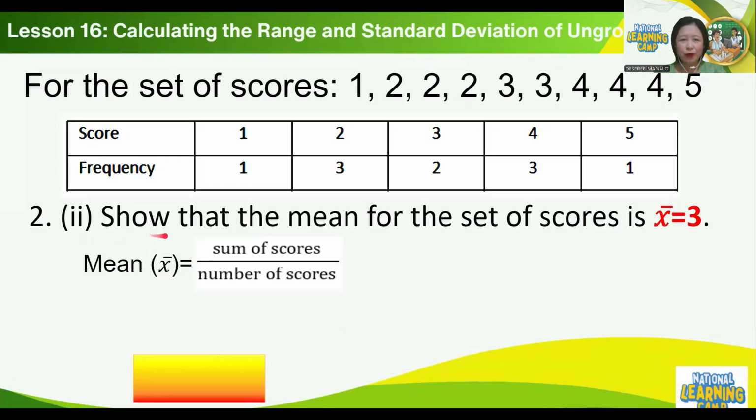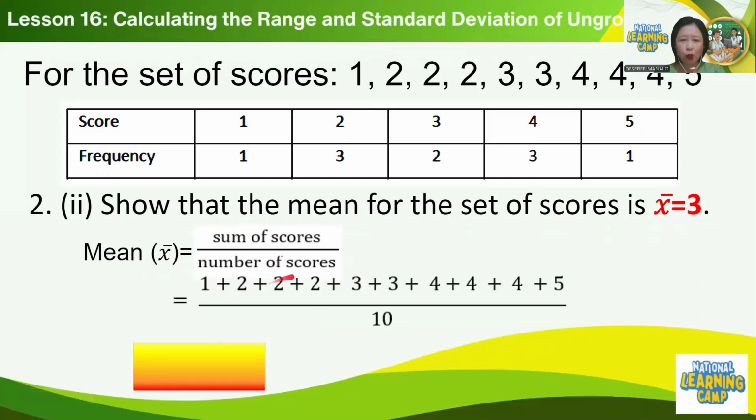And number 2, show that the mean for the set of scores is equal to 3. Our formula for mean, x bar, is equal to sum of scores divided by the number of scores.